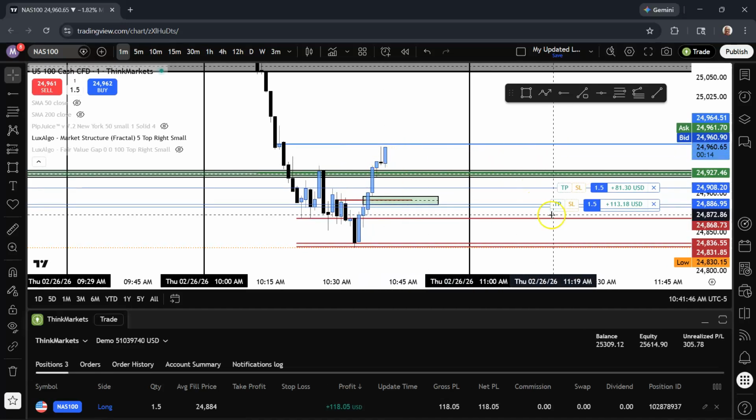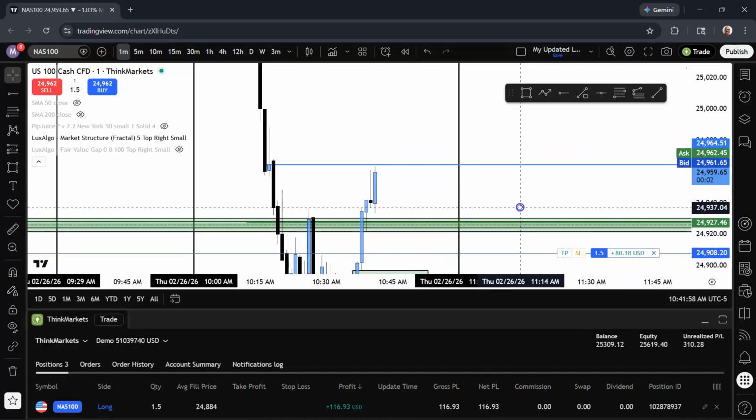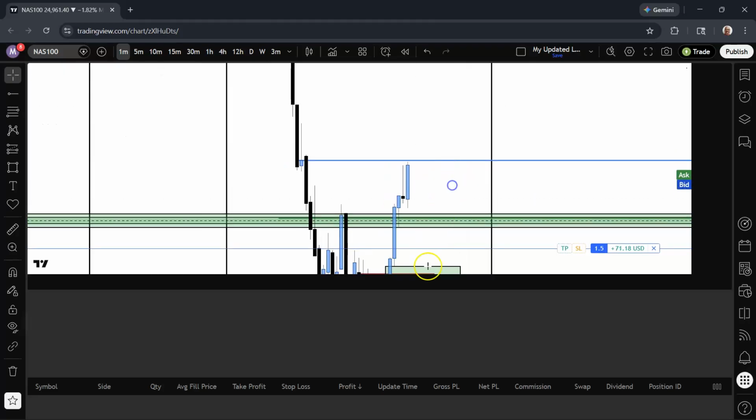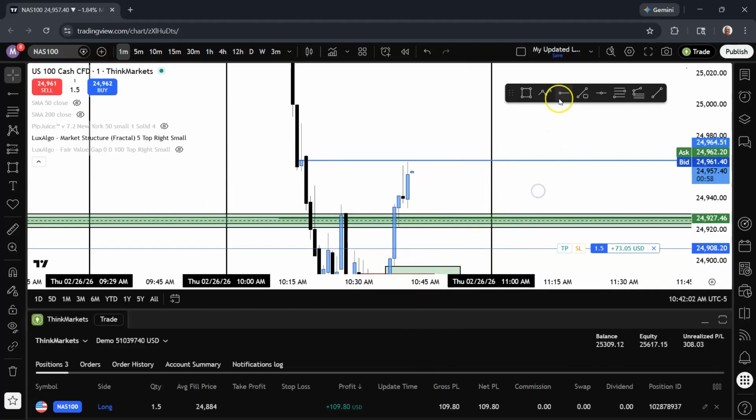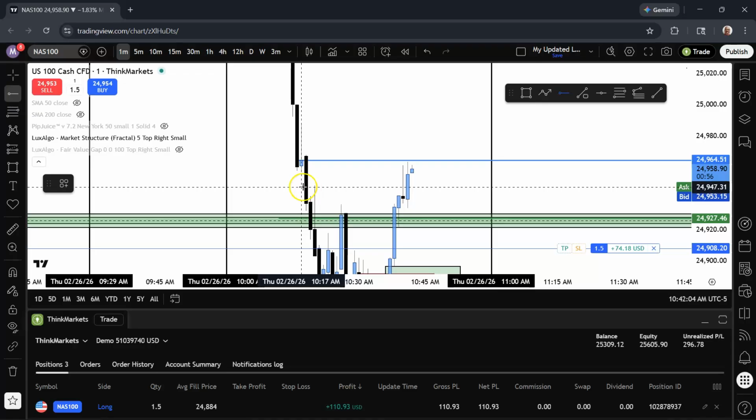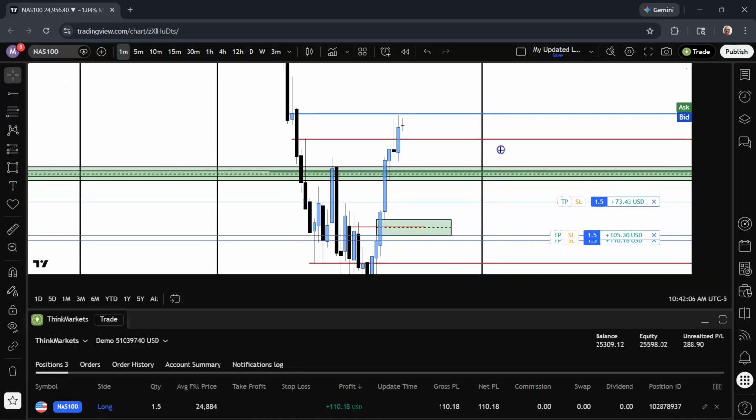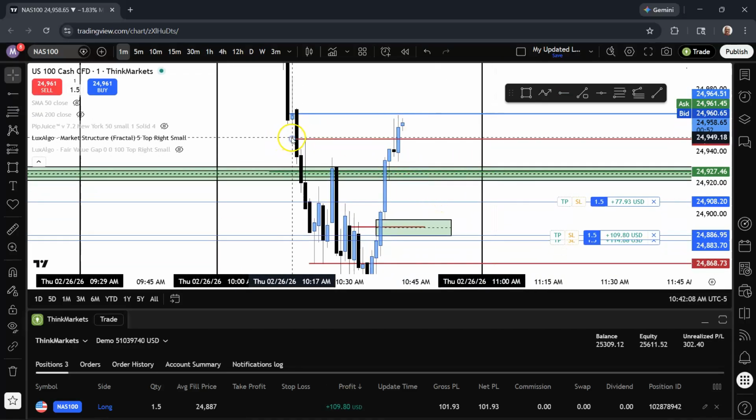I'm glad it was able to reverse on me. I'm up $302. I'm above 25,612. So I may close some out, but I will move my stop loss. I actually didn't set one, but I'm going to secure some profits. Maybe right there.